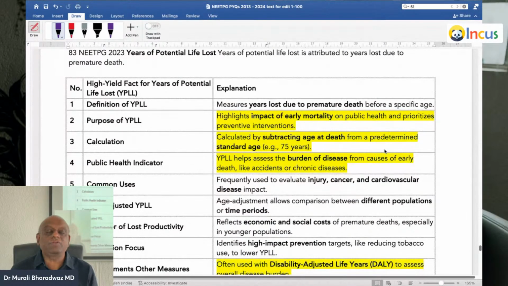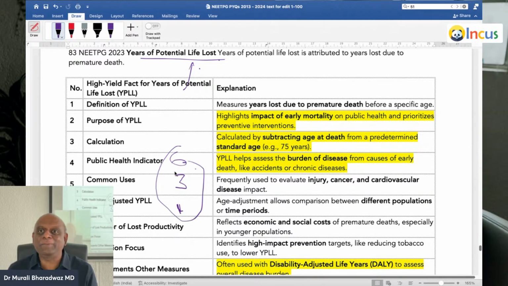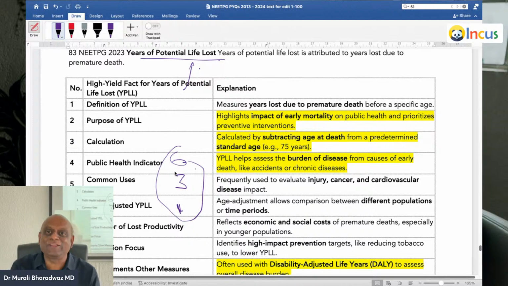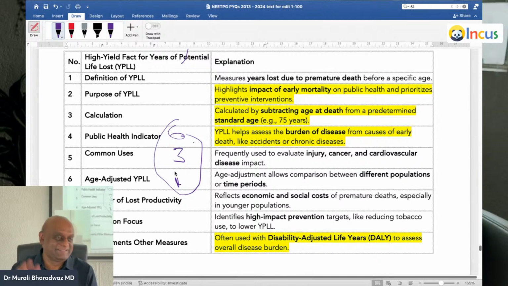Now, what is YPLL? Years of potential life lost. If you count that, our MBBS 6 years, 3 years, MD 1 year preparation, 10 years of our life wasted. Even if we live 100 years, it is equal to 90 years. But that is not true. The whole joy is now.